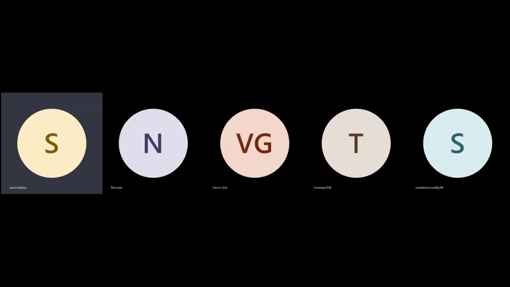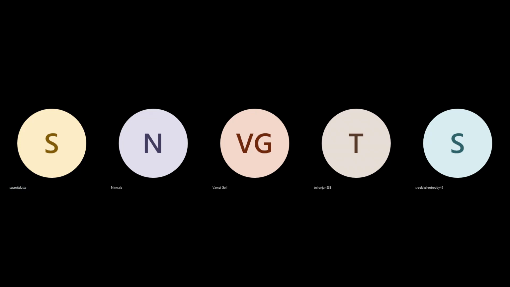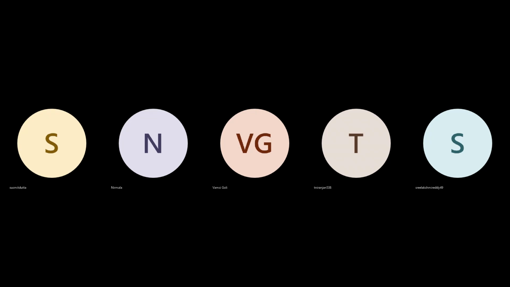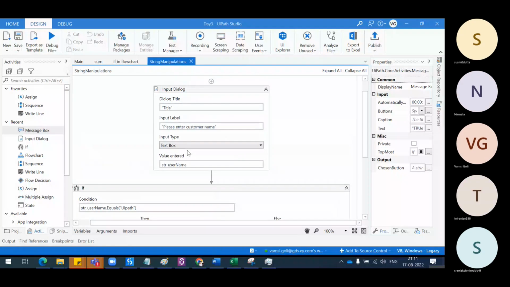I have a question. In the contains method in UiPath, if it's a small letter, will it still give us the error? Okay, what do you mean by contains and then error? What is that scenario?